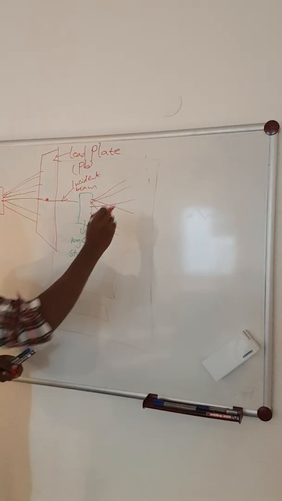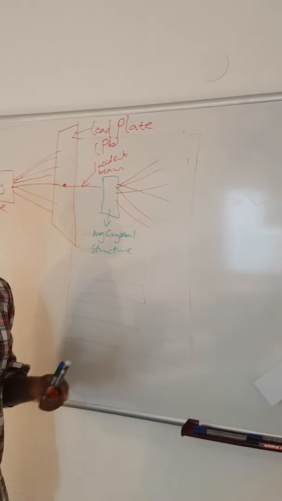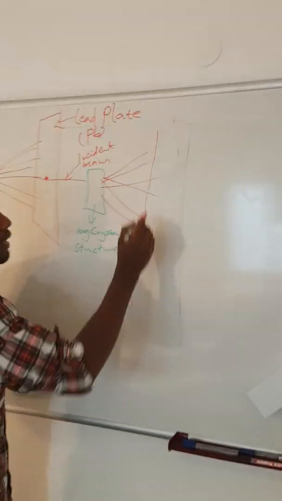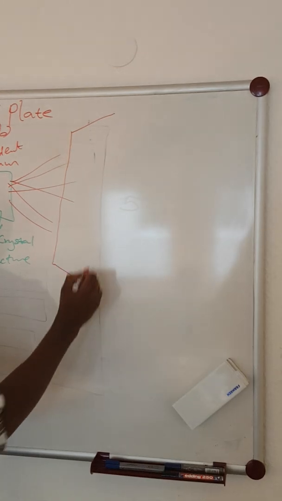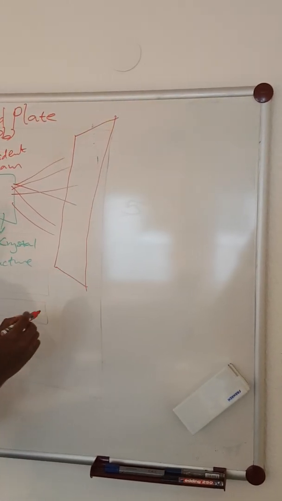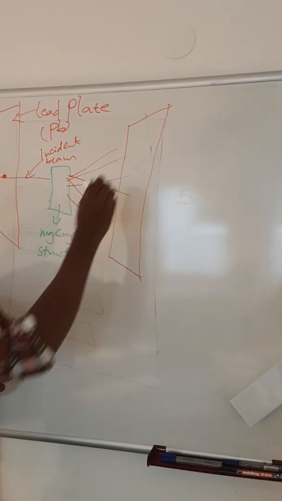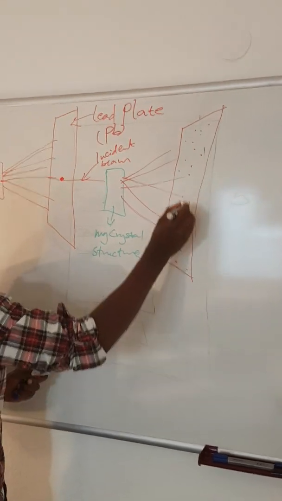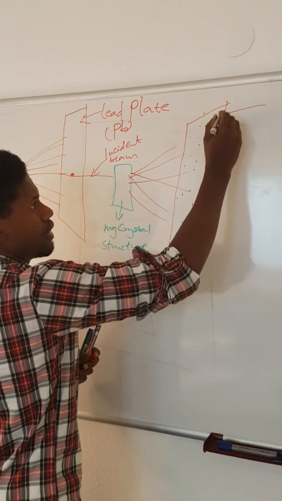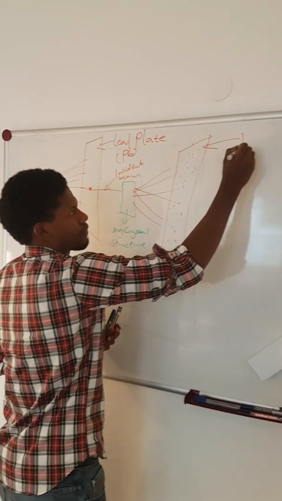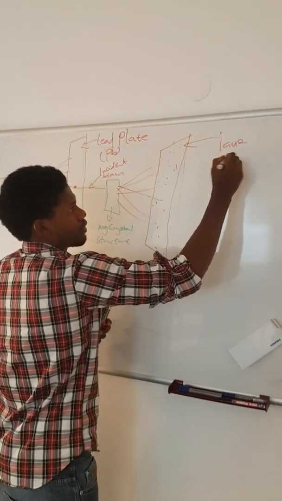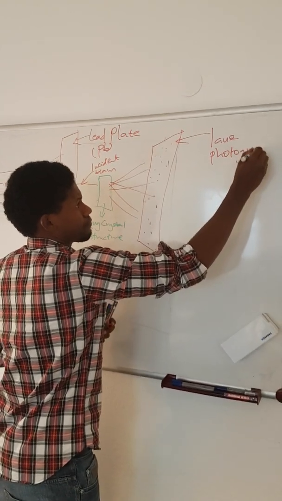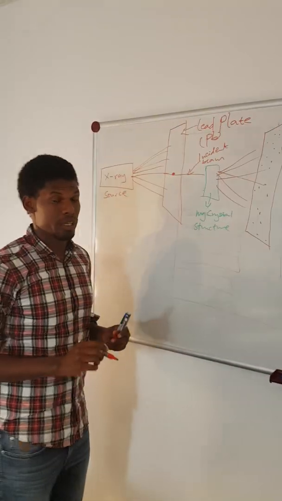Now, if we have a photo detector here, you can see so many dots. We call this the Laue photograph.